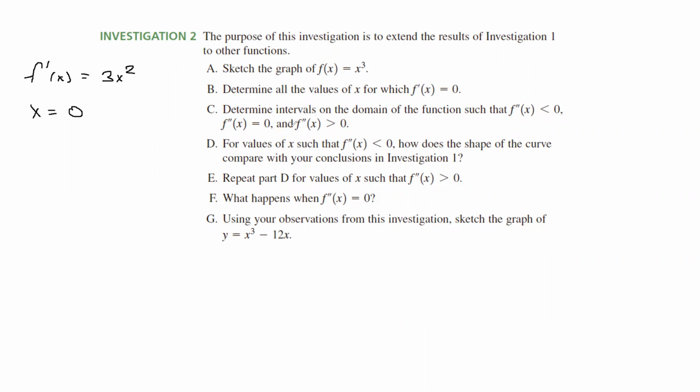Now determine intervals on the domain of the function such that the second derivative is less than 0, equals 0, and greater than 0. So let's find the second derivative, and it would be 6x, right?